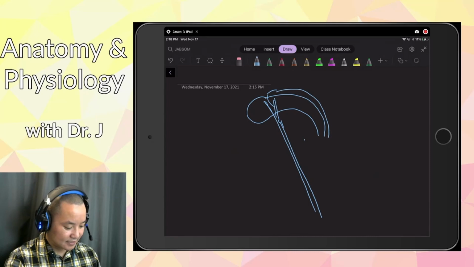So these are your lateral ventricles. There are two of them, left and right.